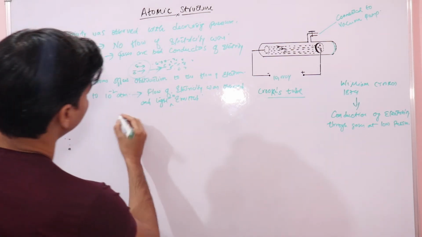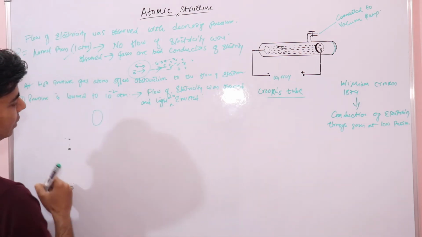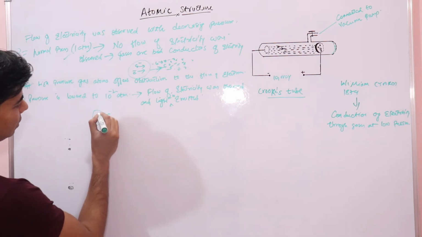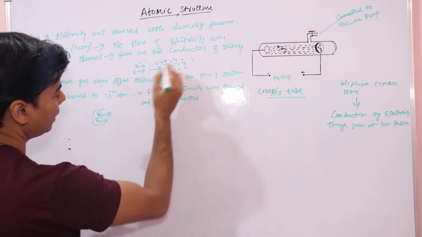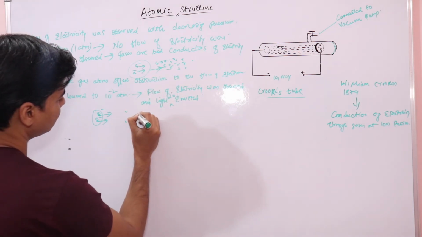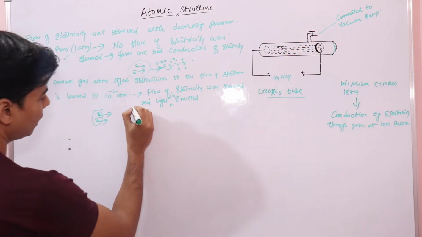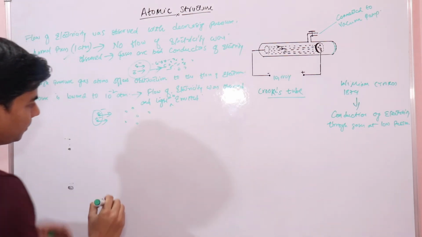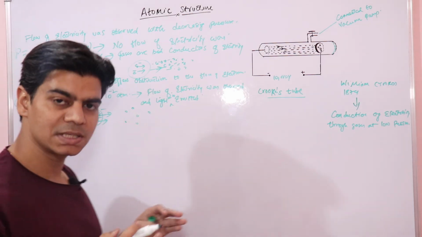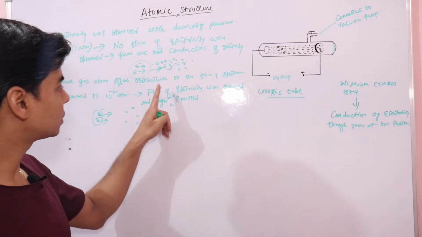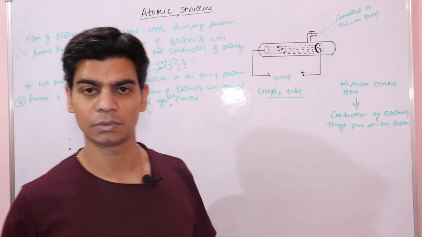Suppose this is your material of cathode, that is emitting your electrons, and now we have fewer gaseous atoms. When we have fewer gaseous atoms, there is less obstruction to the flow of electrons emitted from the material of the cathode.